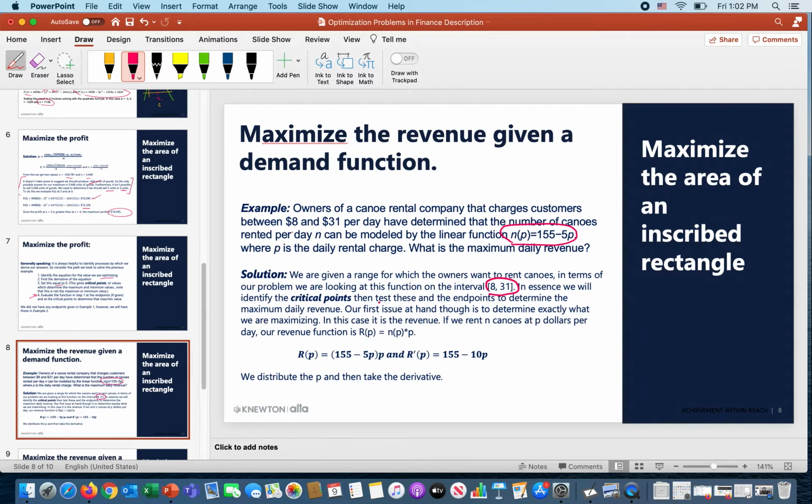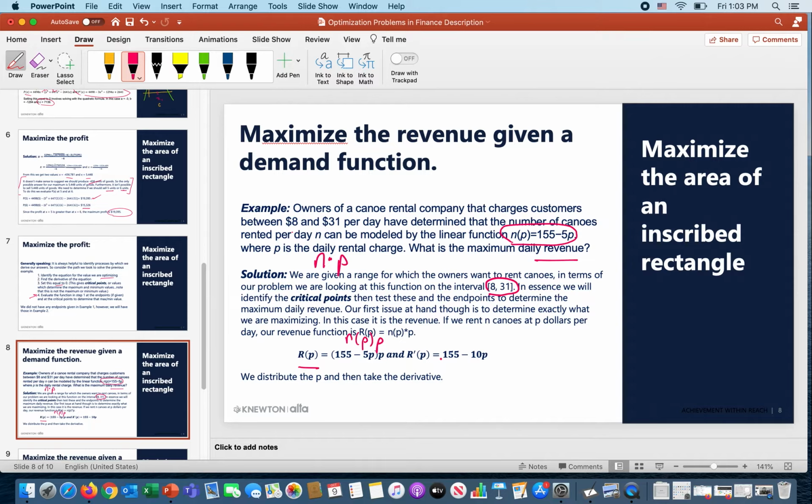We want to find out what the critical points are for this setup, right? But we've got to maximize the daily revenue. Our daily revenue would be the number of canoes rented times the price that you charge. So we're going to take our revenue function, N of P times P. And if I distribute P, I can find the derivative.